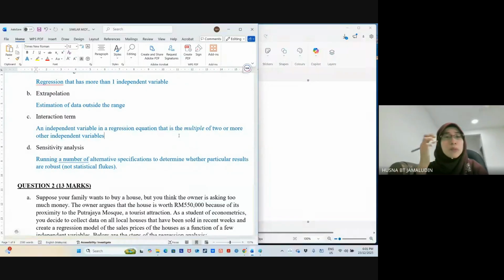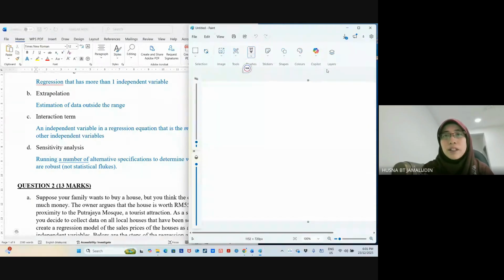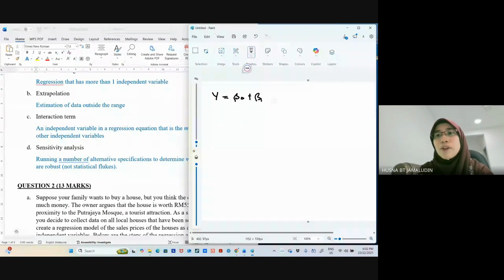Let me write the equation. For example, y equals beta naught plus beta 1 x1 plus beta 2 x2, if you only have 2 independent variables, plus epsilon. This is the normal equation.